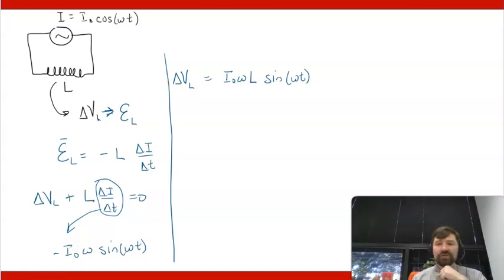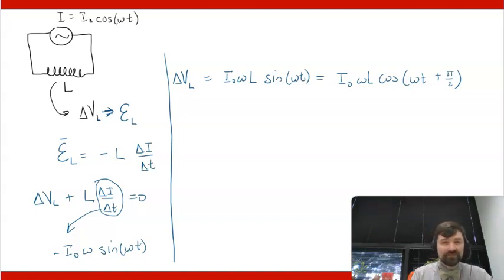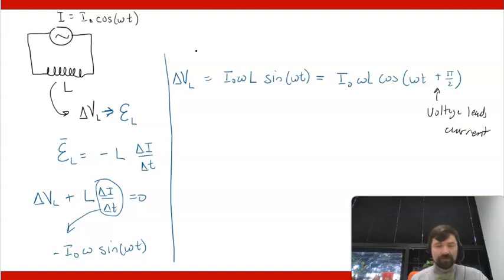And it's worth noting that sine omega t is the same thing as cosine omega t plus pi over 2. So what we expect here is to have basically the voltage leading the current. So voltage leads current for an inductor.